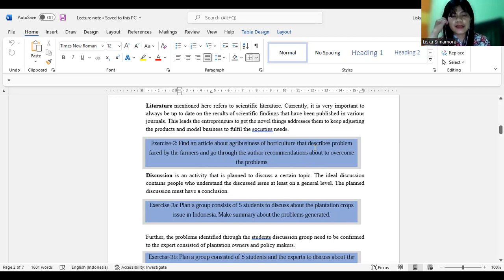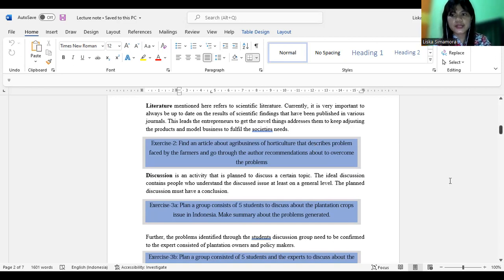It has to be horticulture. The article has to present the problem in horticulture crops. Remember, it can be vegetables, flowers, or medicine plants. So you cannot go to food crops farmers, or plantation crops farmers. It has to be horticulture farmers.